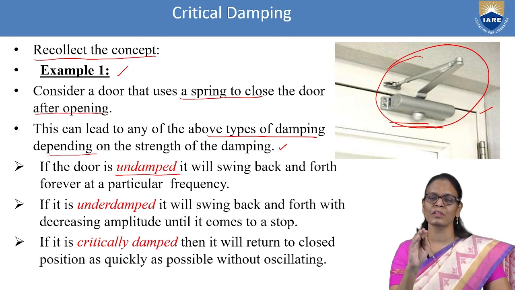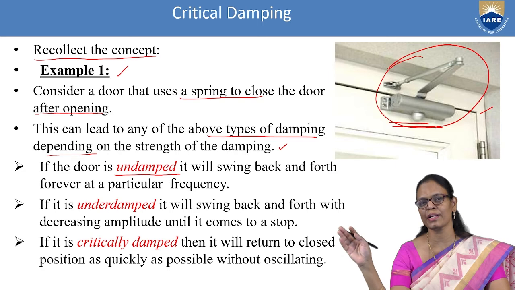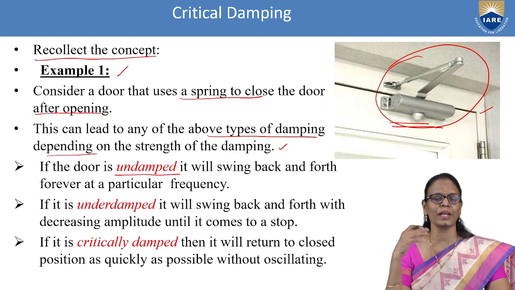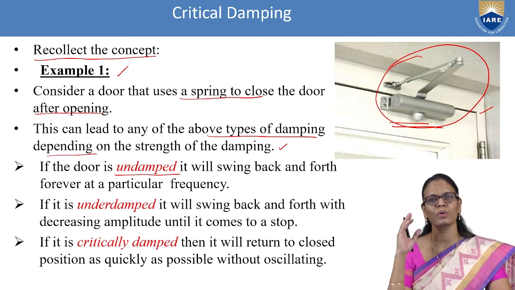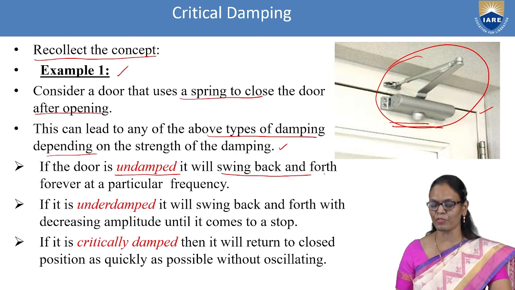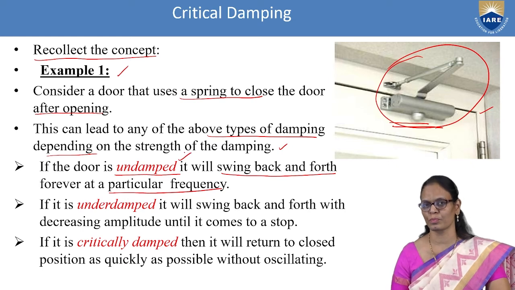The door keeps on oscillating and will not come to rest because there is no damping at all. We have discussed the ideal case where there are no resistive forces at all. The door will continue its oscillations without coming to rest, swinging back and forth with a particular frequency. So is it designed this way? No.